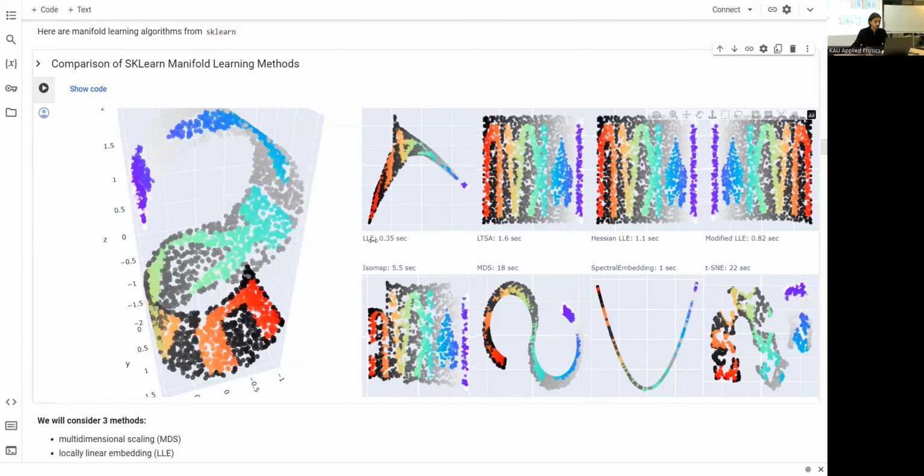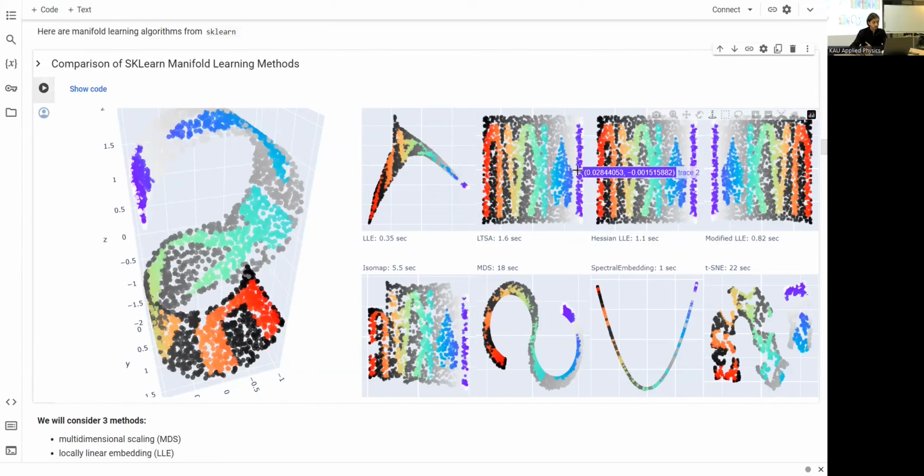So here is just plain LLE. You see that it was not very successful, but you can still see some structure in these points. They are not just a mess scattered randomly, but still some structure is preserved. Here you see LTSA, or Hessian LLE, or modified LLE.